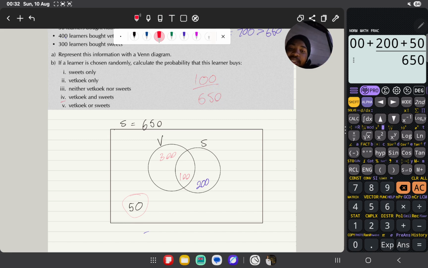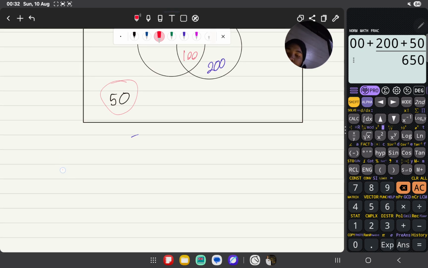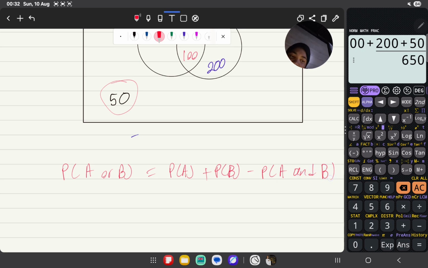That's our probability. And then you get this great question saying fat cooks or sweets. Remember, we say probability of A or B is going to be probability of A plus probability of B minus probability of A and B, right?